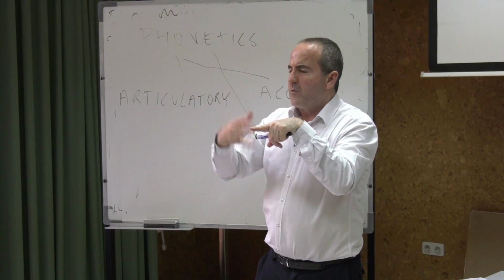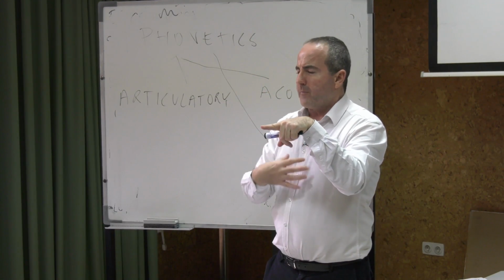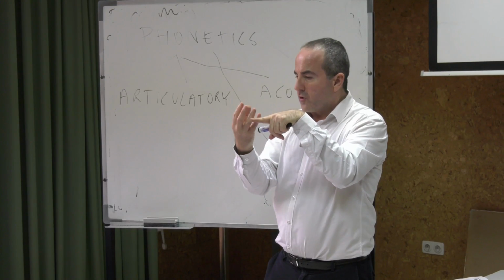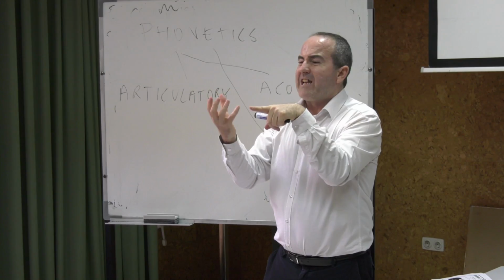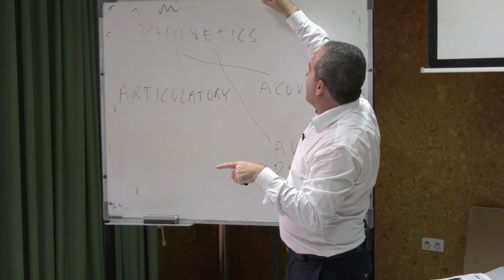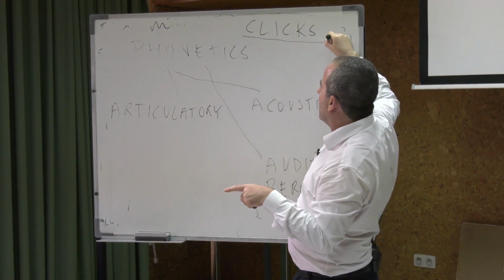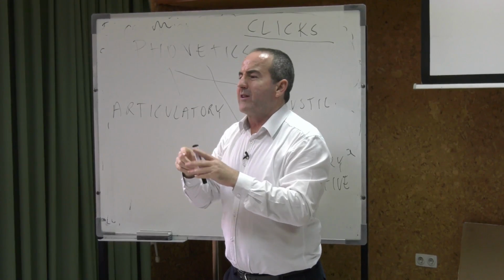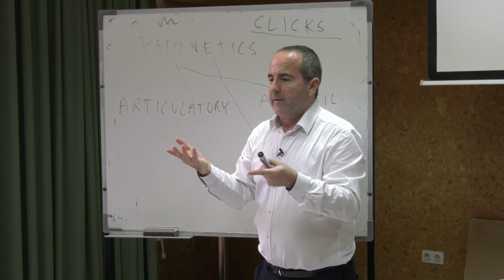Basically, almost all sounds in the languages of the world have the air from the lungs as their source of energy, okay? There are some exceptions. We have some sounds that you find in some languages of the world, which are called clicks, which are produced in a different way.